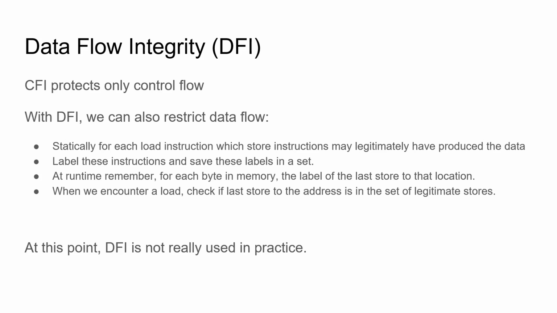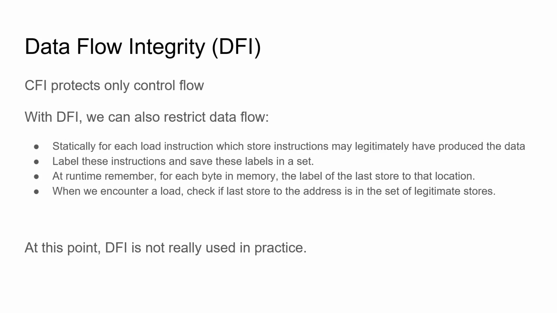Then at runtime, you maintain data for every byte in memory of the store instruction that last produced this data. So whenever you do a write to memory, you maintain for that memory location some data that says, okay, this write was done by this instruction.